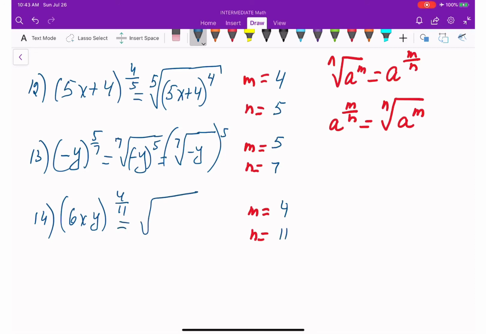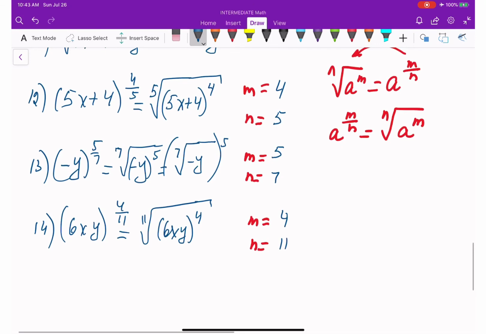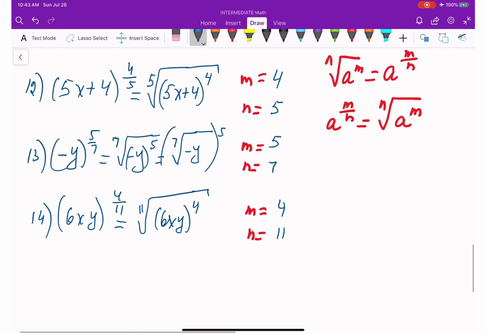So my n comes here, 11, and m is going to be 6xy to power 4. Okay, if I have 6xy to power 4, I can break this down.